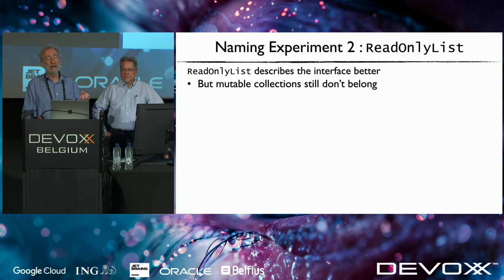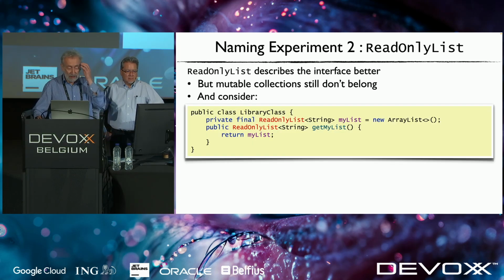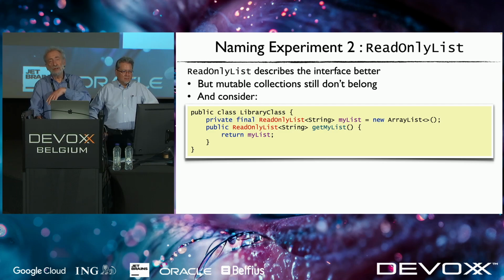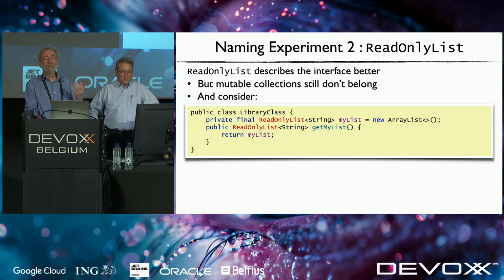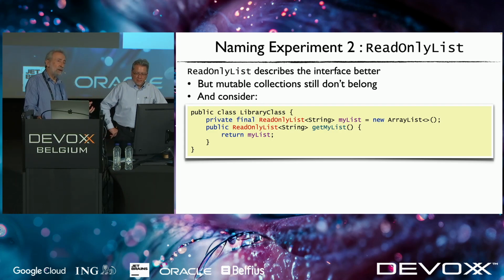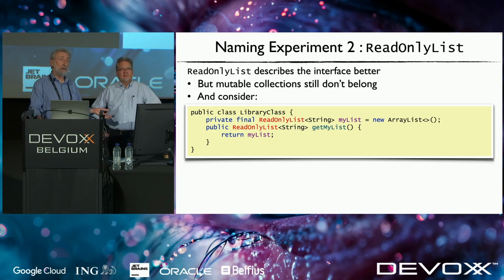Supposing that was an alternative way of handling the problem that we talked about in the encapsulation section of this talk. Your internal data structure might be an ArrayList, but your getter would return a read-only list. And you think, okay, at least that's reasonably safe. I'm handing out a reference to a type that can't be mutated because it's got no mutator methods on it.